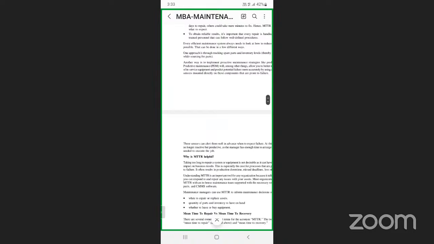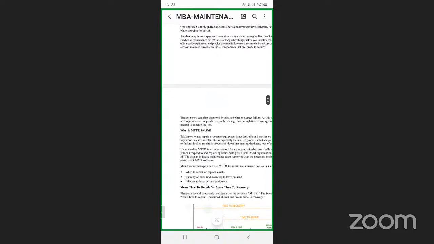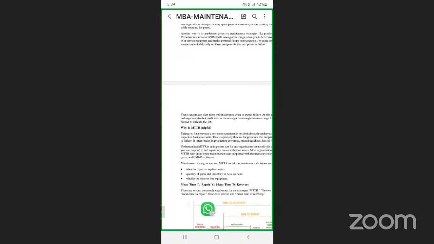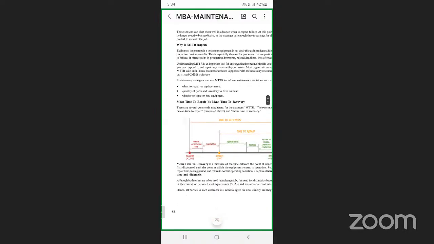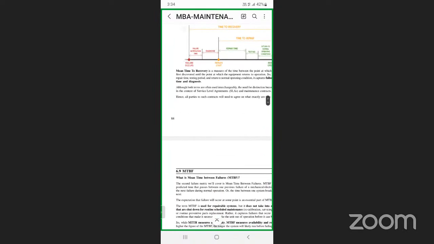Then the next metric is mean time between failures. Between failures means once the machine has failed, the next time it fails. So how much time was the machine in operation between those two times? That is also an important metric: mean time between failures.